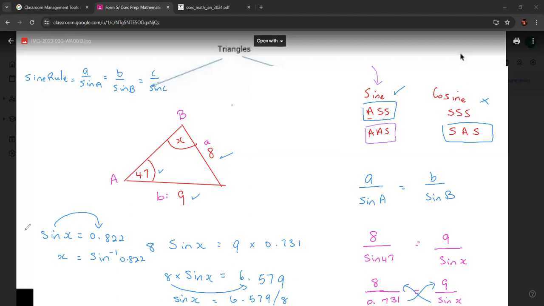Right, so you press your sine inverse of 0.822. Right, so check it over. Sine inverse of 0.822, and we got 55.2855. Right, so 55.29. You guys could double check on your side too. All right, so checking in. So my angle X will be this value.